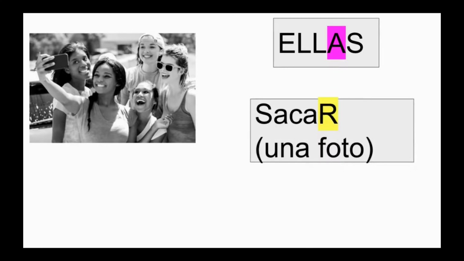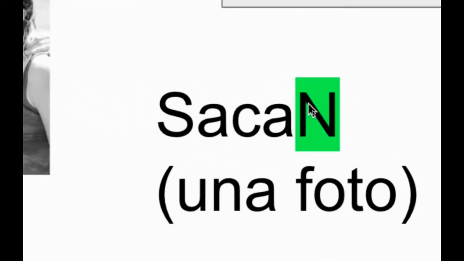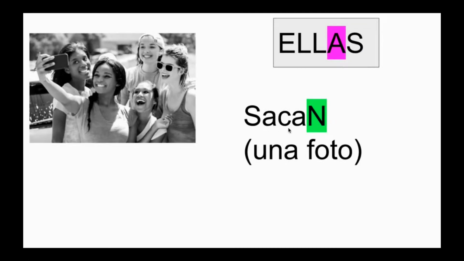Taking a picture is sacar una foto. Because it's a group of people, because it's they, you have to change the R to N. And this is the most important part of the sentence. Actually, if you just write down sacan una foto, just that, even without the ellas, you will get the top marks. Because in Spanish, that means they are taking the photo.